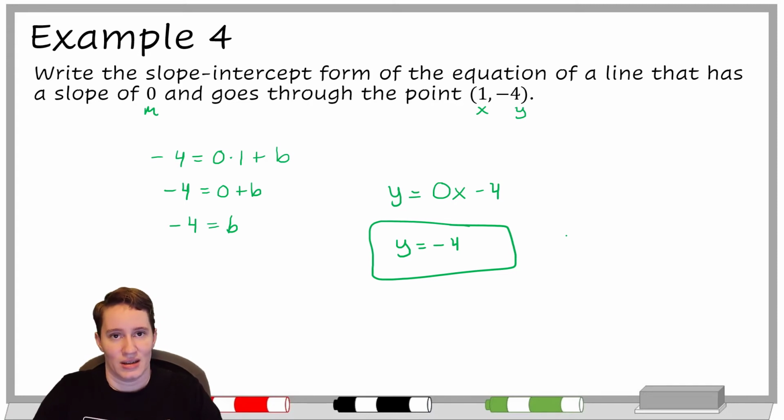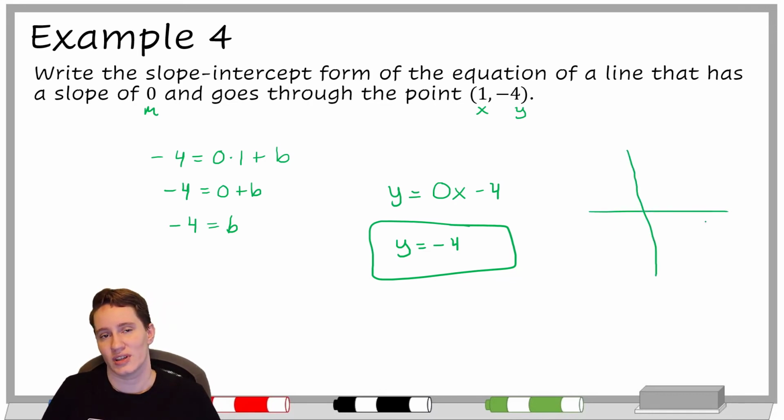But here's the thing. If we had thought about it at the beginning and said, wait, a 0 slope is a horizontal line. Whoops, not a great vertical axis there. A 0 slope is a horizontal line. It says the point 1, -4, so that's here-ish. So we're talking about a horizontal line like this.